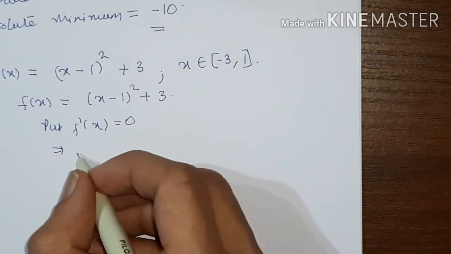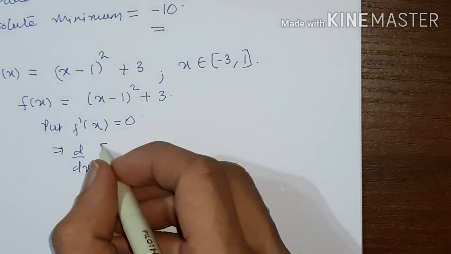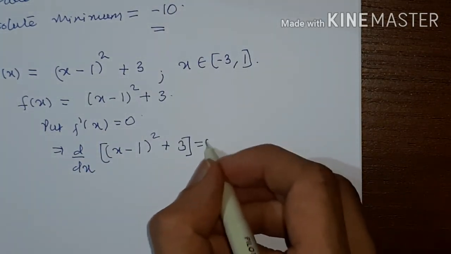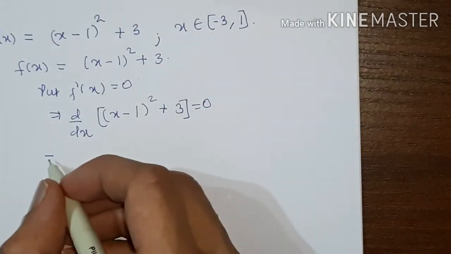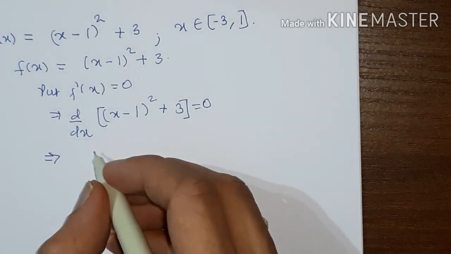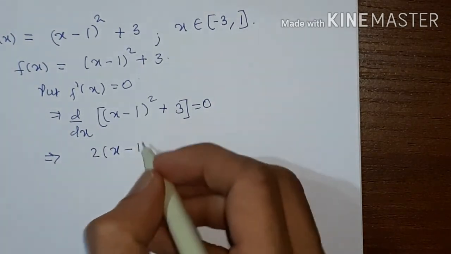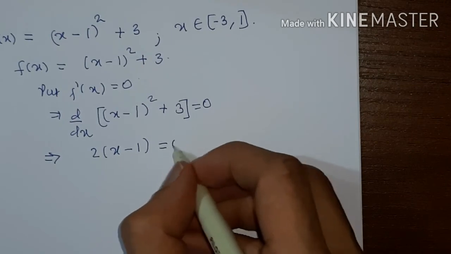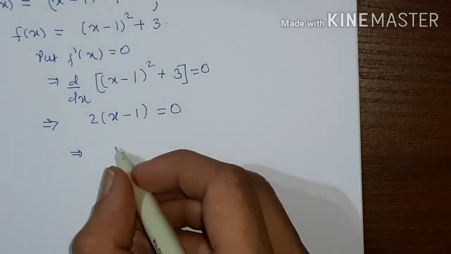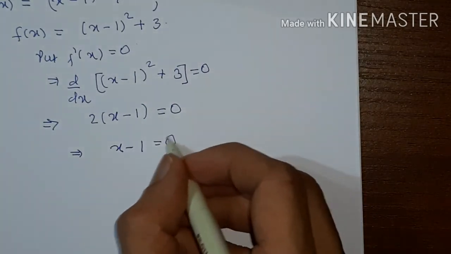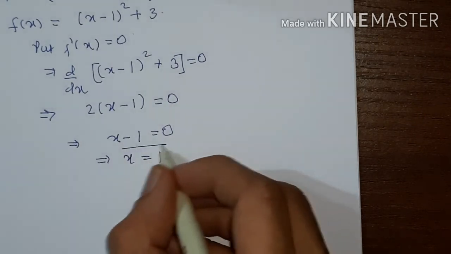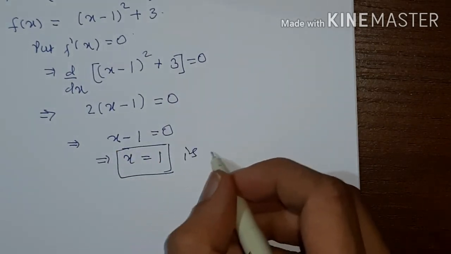Okay, so that means derivative of x minus 1 the whole square plus 3 is equal to 0. So now if you take the derivative of x minus 1 the whole square, you will get 2 times x minus 1, which is equal to 0. Okay, so if you divide by 2 on both sides, you will get x minus 1 equal to 0, and so x is equal to 1. Okay, so this is a critical point.